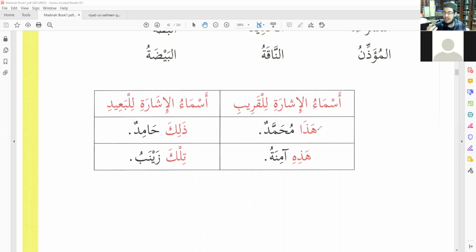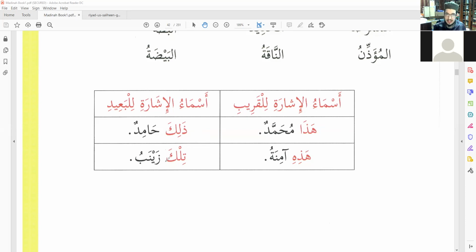In English, we use hada and hadihi for something that is near, this book. Whereas in English, we use that to refer to something far. Well, we learned the masculine version of that. We use dhalika. Now today we're going to be learning the feminine version of that, which is tilka.